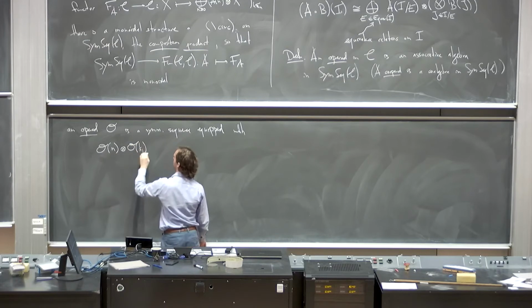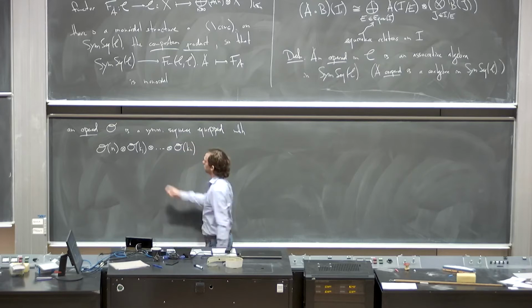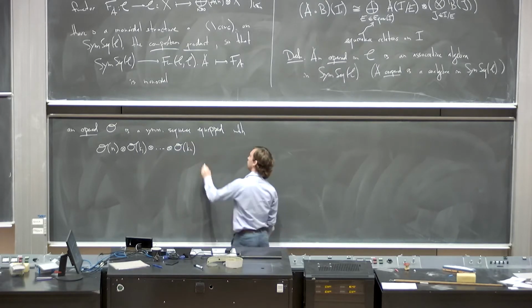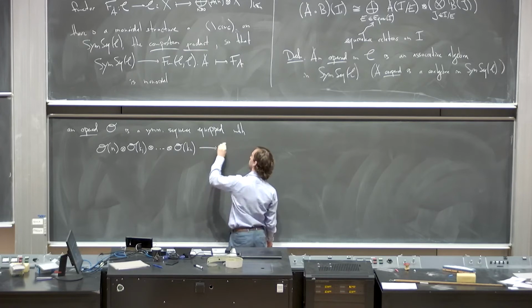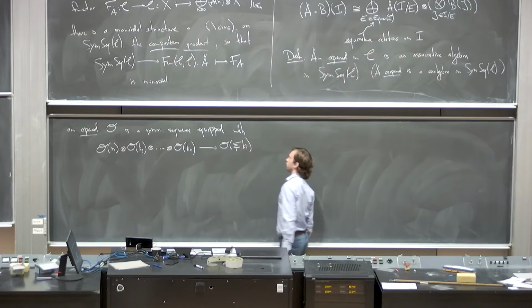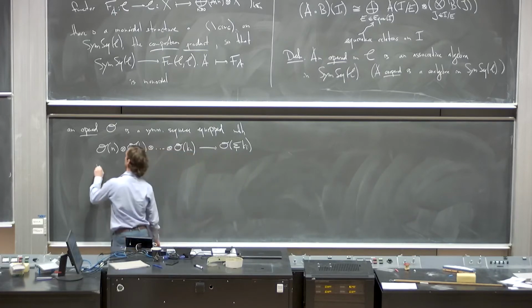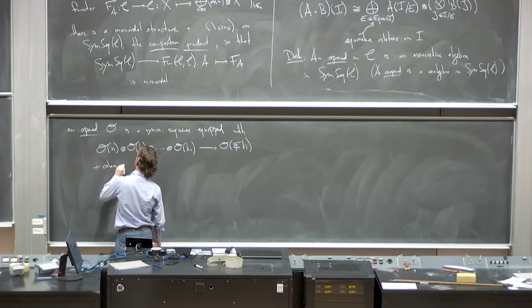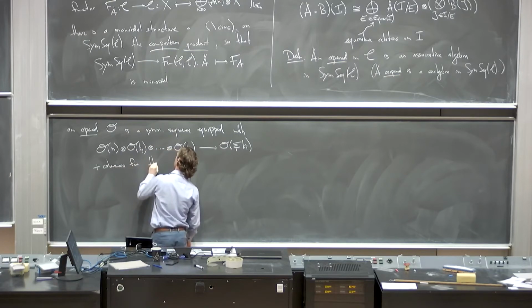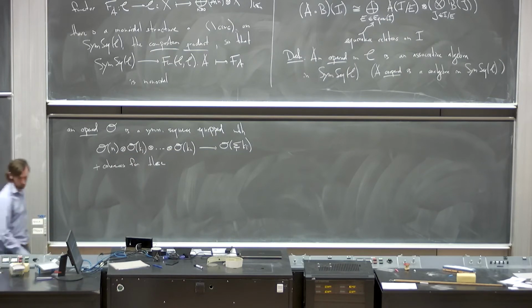So if I have n-ary stuff, and then I specify n different operations with k1 up to kn inputs, then there should be a composition, or a multiplication, that spits out something with the sum of the ki many inputs. So there are these kinds of maps plus all sorts of coherences for these. These multiplications are supposed to be symmetric and associative in the appropriate way. All right. So that's the definition of co-operads and operads.